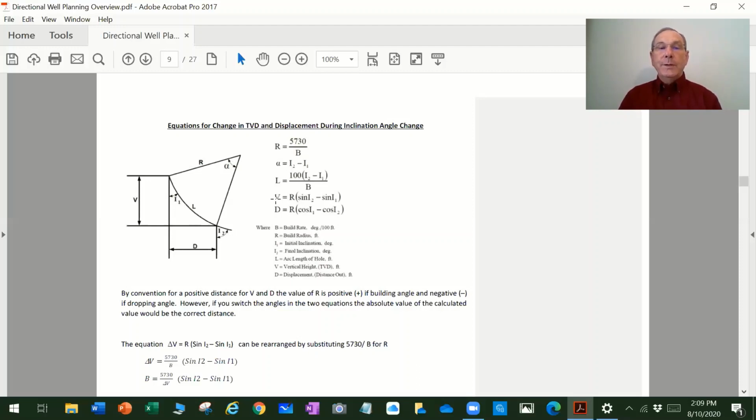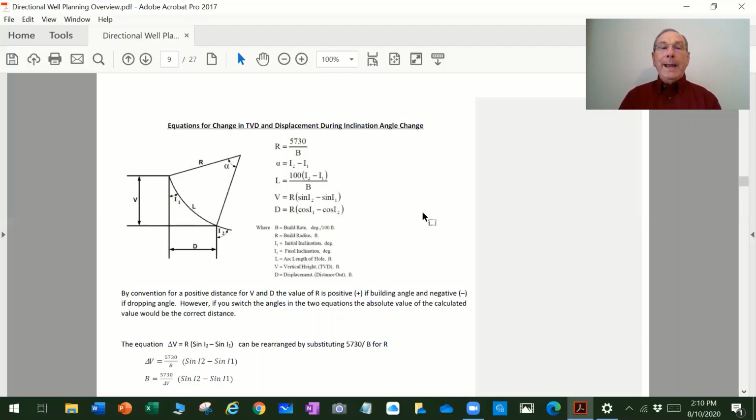Now the vertical distance here can be calculated by multiplying R, the radius there, times the difference of the sine of these two angles. And then the displacement can be calculated by R times the difference of the cosine of the two angles.